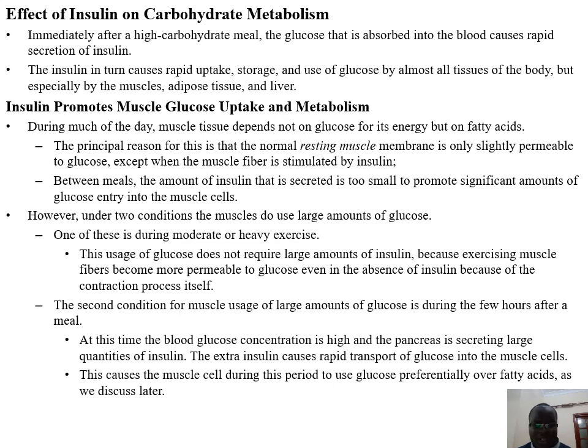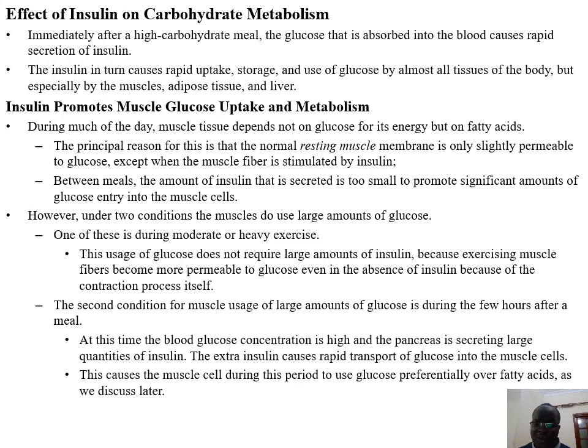The second condition for muscle usage of large amounts of glucose is during the few hours after a meal. After this time, the blood glucose concentration is high and the pancreas is secreting larger quantities of insulin. The extra insulin causes rapid transport of glucose into the muscle cells.